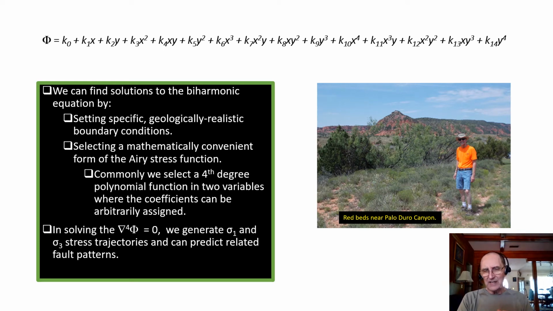Commonly, we can either select a third degree or fourth degree polynomial function in two variables where the coefficients can be arbitrarily assigned. The equation that you see above is a fourth degree polynomial function. In solving the biharmonic equation, we can generate sigma 1 and sigma 3 stress trajectories, and from those we can predict the related fault patterns.